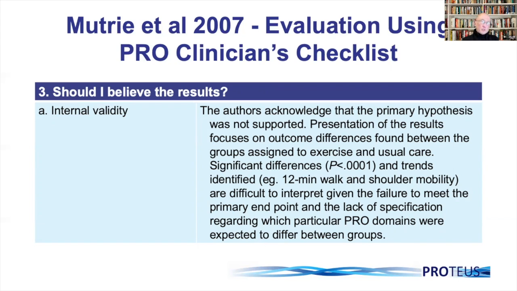These are a bit difficult to interpret given the failure to meet the primary endpoints in terms of PROs and the lack of specific hypotheses regarding which particular PRO domains were expected to differ between the groups. How can we know that the differences were not merely by chance?